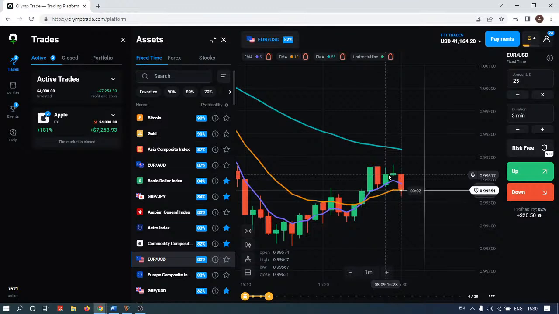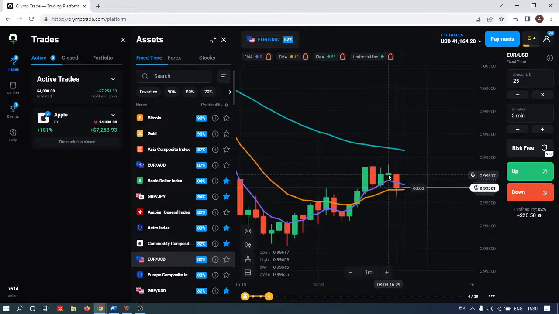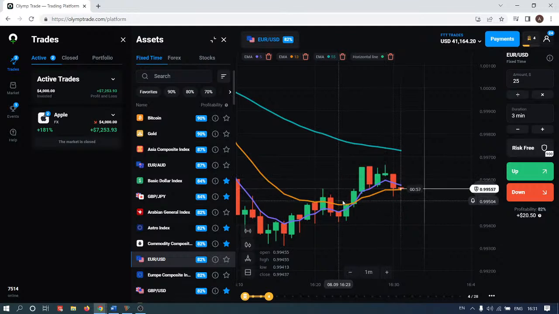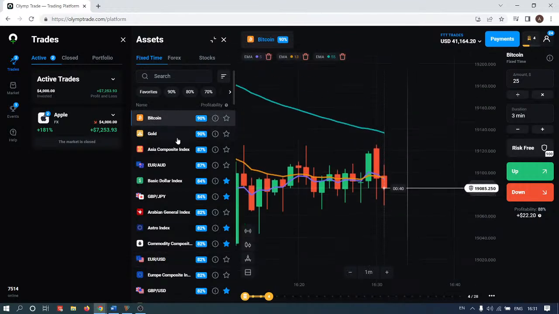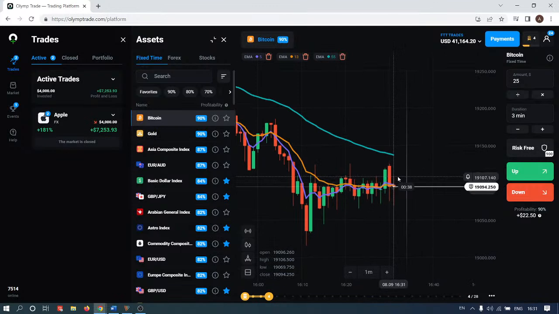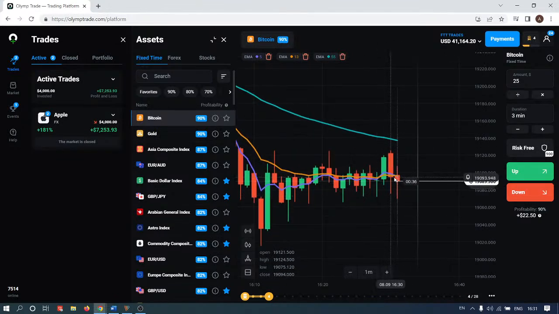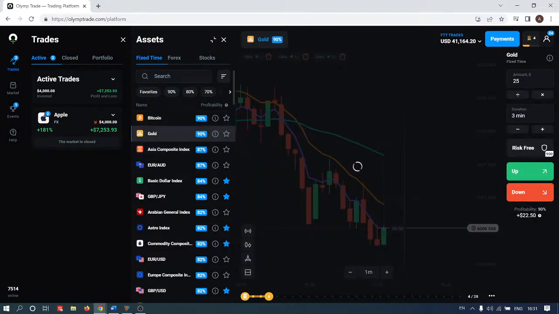So, yeah, I would say martingale is fine as long as you have enough money in your deposit, because you need to have available money for the next maybe 7 steps, 8 steps, something like this. So you need to do some calculation before opening trades. Still moving sideways on Bitcoin. Yeah, completely sideways.